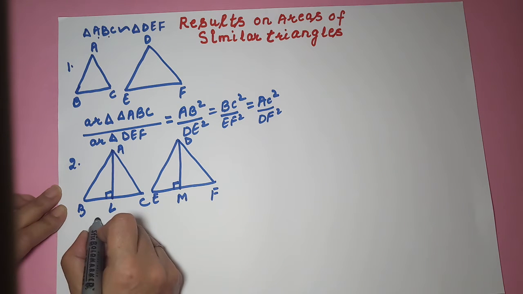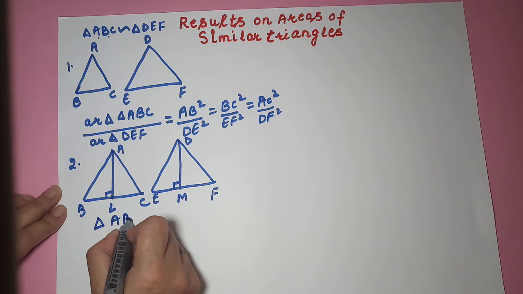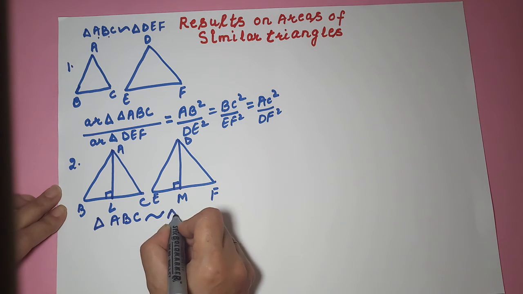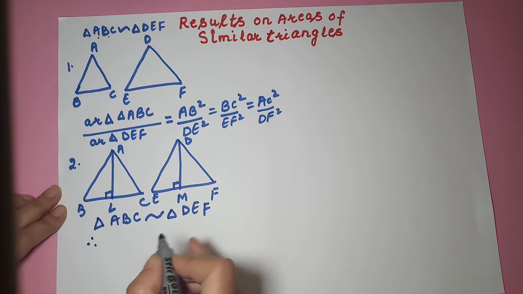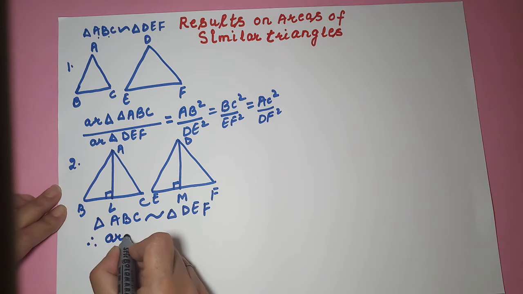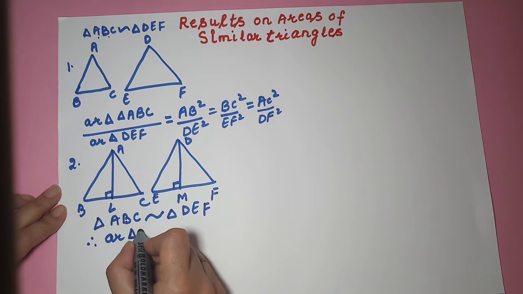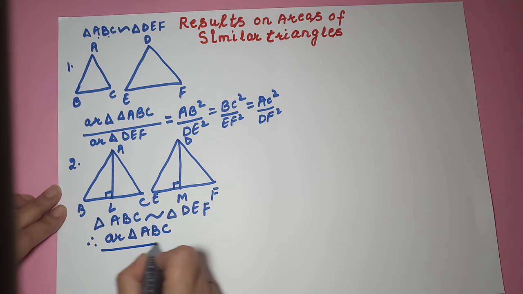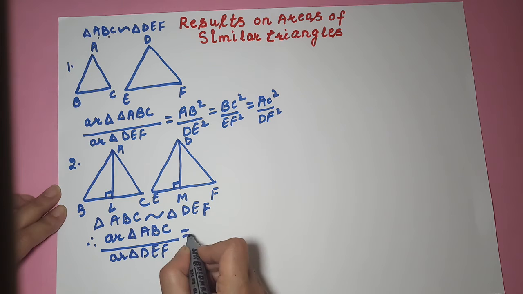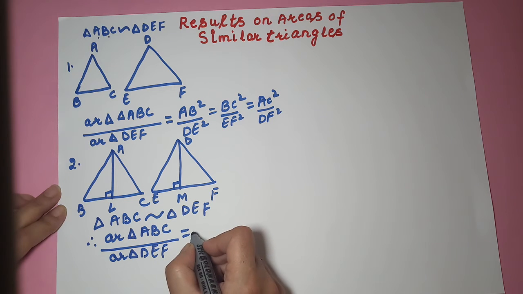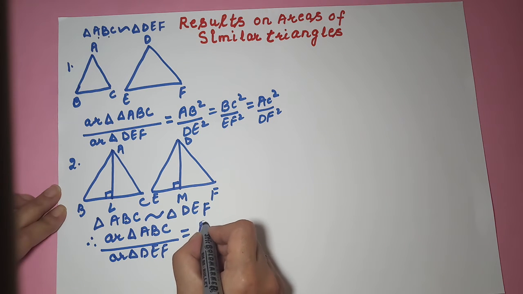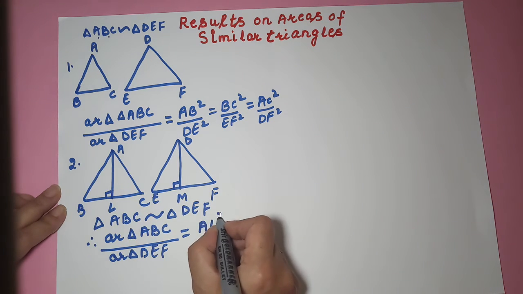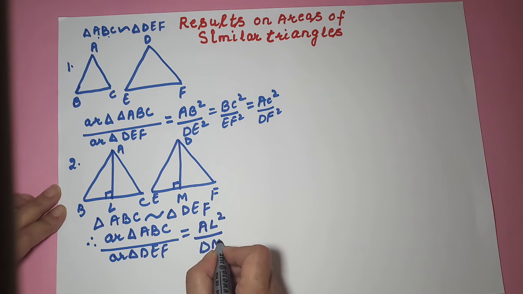So we will write that triangle ABC is similar to triangle DEF. Therefore, now we can apply the theorem, and the theorem says that the ratio of the areas of the triangle ABC upon area of triangle DEF is proportional to the squares of their corresponding altitudes. So what is the altitude of this triangle? AL square upon DM square, right?